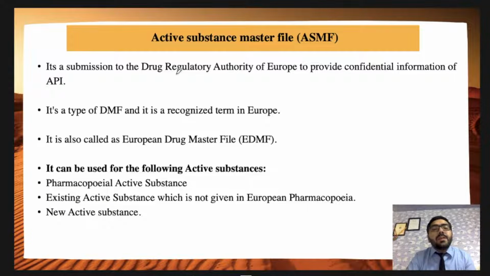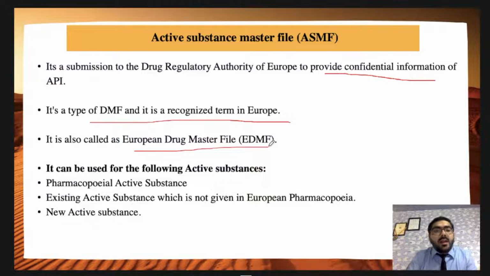It is submitted to the drug regulatory authority of Europe to provide confidential information of the API, because as the name suggests, active substance, it provides the confidential information about the API. It is a type of DMF and a recognized term in Europe, and it is also called the European Drug Master File.